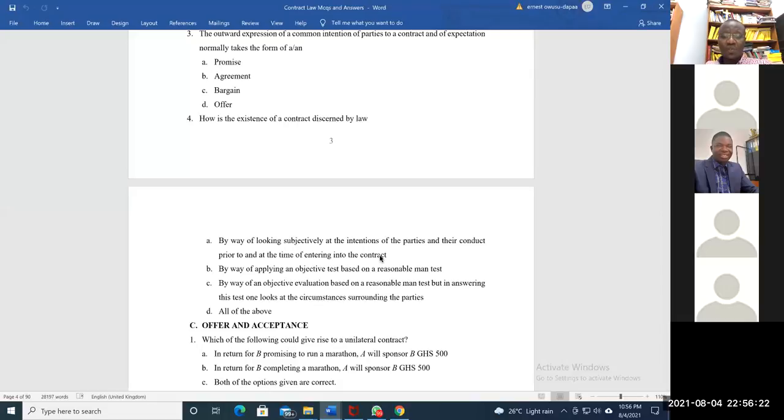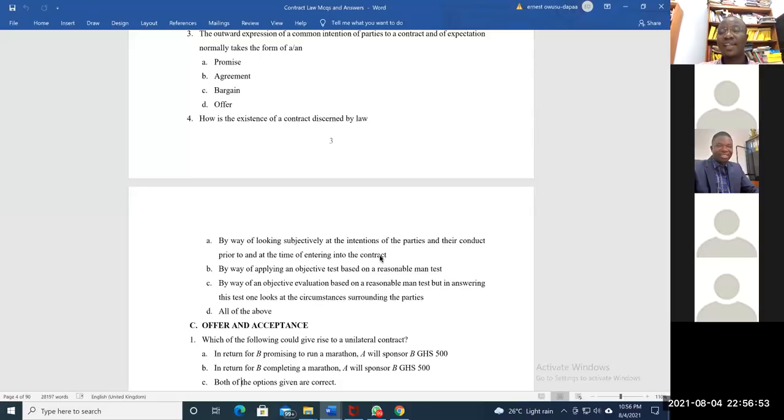You could go for B, because in applying the objective test, we look at an officious bystander present at the particular situation in which the parties find themselves, or in which they were negotiating or dealing. What would the reasonable man, that is the officious bystander, have understood the parties as having agreed upon? And that is why C is the more preferred answer.